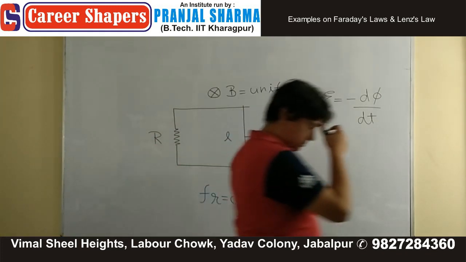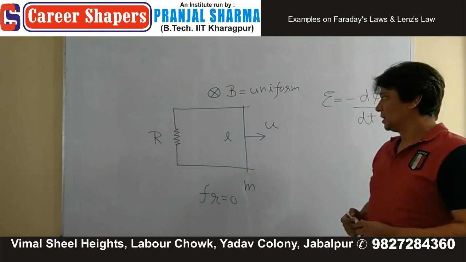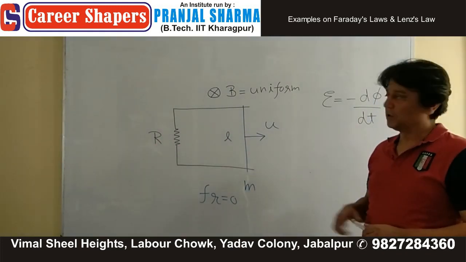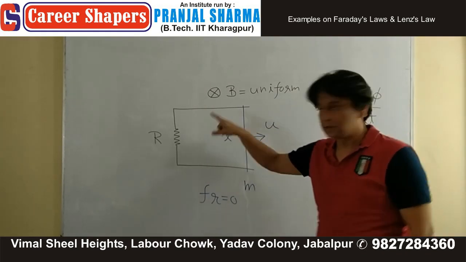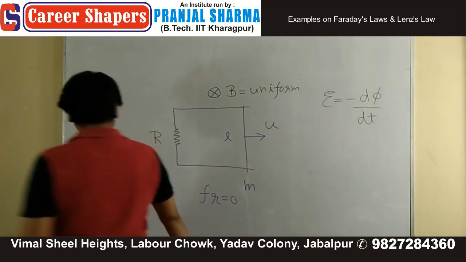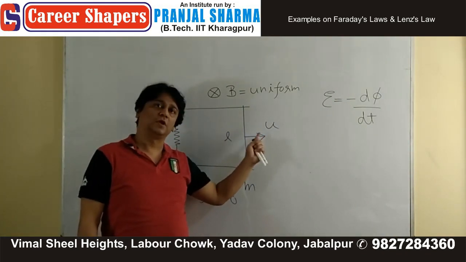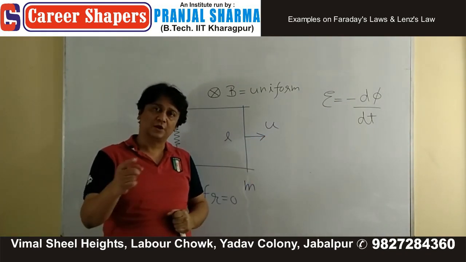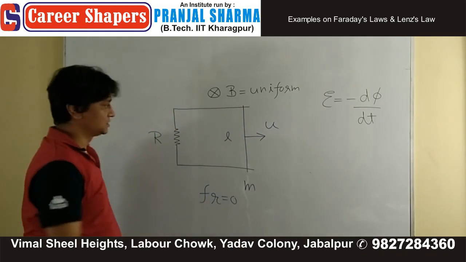First of all, you've got 20 seconds. Tell me what will be the direction of current in this closed circuit because of this rod moving with velocity u. You will answer in terms of clockwise or anti-clockwise.